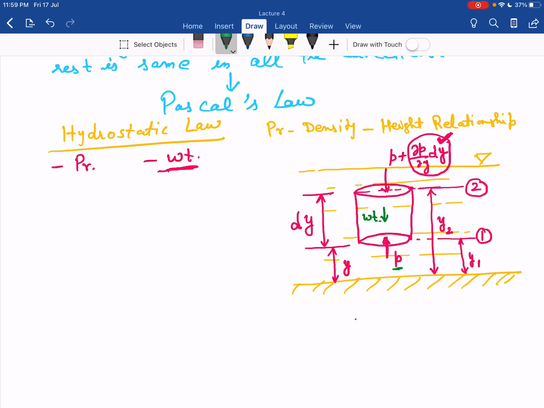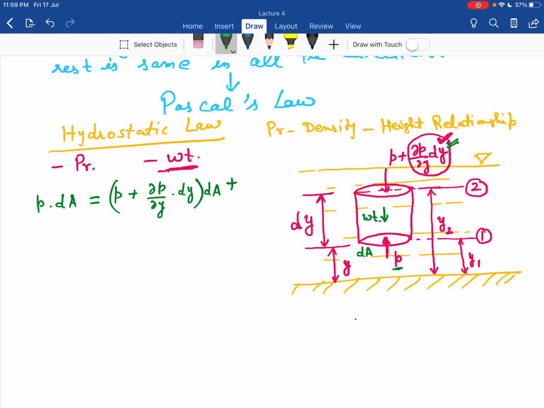Say the area of the cylindrical element is dA. So we can write the upward force as P into dA. This is equal to the downward pressure force, P plus ∂P/∂y into dy, into dA, plus the weight of the element.